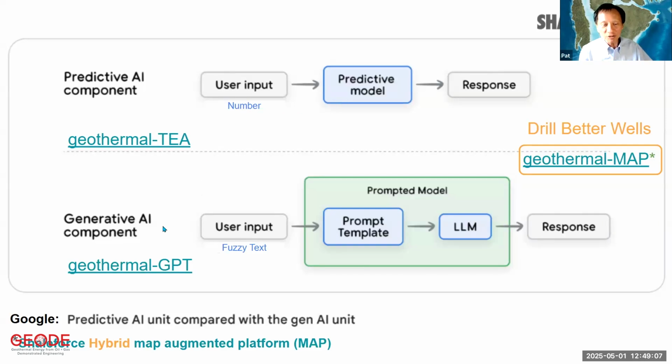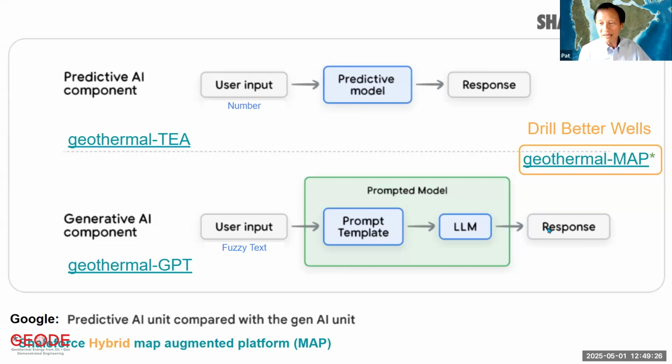Now, what is interesting is the emerging use of AI, more generative AI, where I can ask a question, and as you saw earlier, where would be the counties with potential for geothermal development, it'll come back and give those responses.